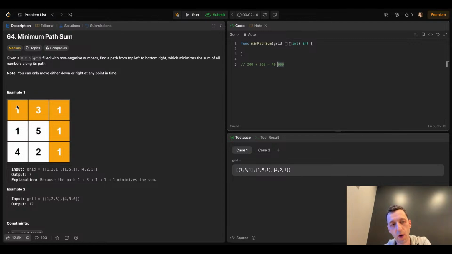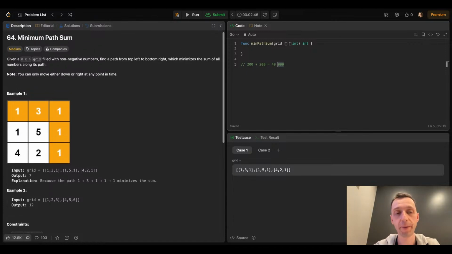And another one could be 1, 3, 5, 2, 1. Then could be 1, 1, 5, 1, 1. There are probably 10 or 12 variations in this size. But there are going to be more when you get to 200.